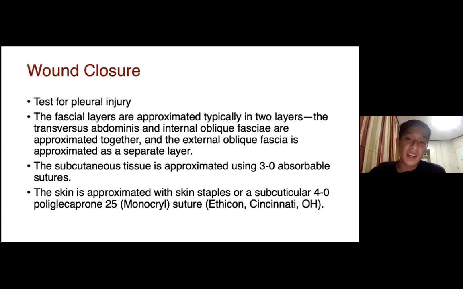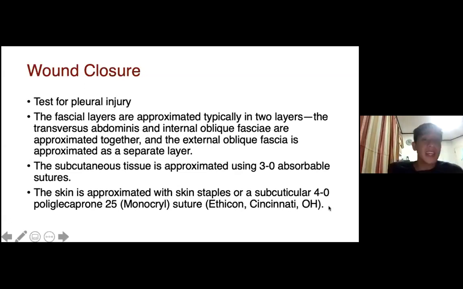Once the air is evacuated from the pleural cavity, as evidenced by the bubbles in the saline bowl, you may pull out your catheter. Then a chest radiograph is essentially needed to assess for any significant pneumothorax post-operatively.